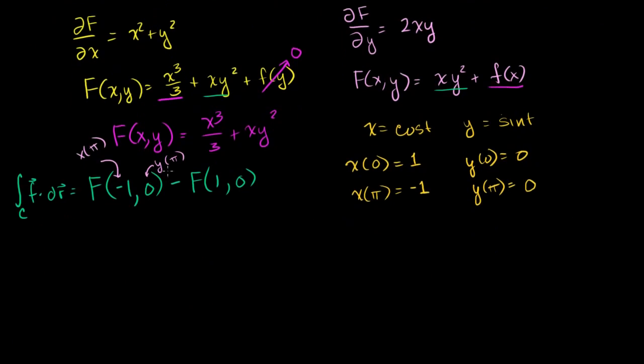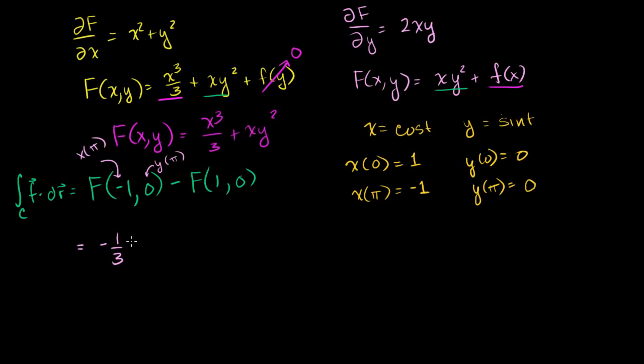So this is just straightforward to evaluate. What is F of minus 1, 0? x is minus 1, y is 0. So it's going to be minus 1 to the third power over 3, so it's minus 1 third, plus minus 1 times 0 squared. That's just going to be a 0. In both cases, the y is 0, so this term is going to disappear.